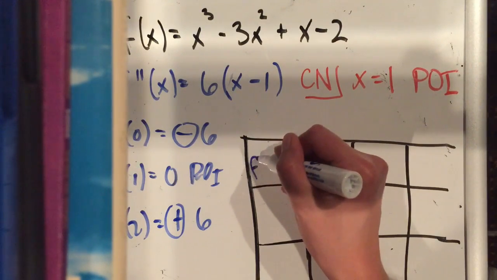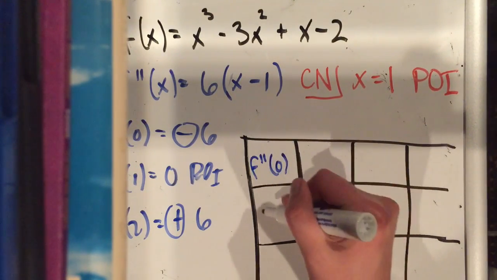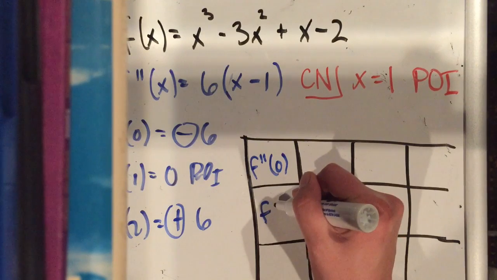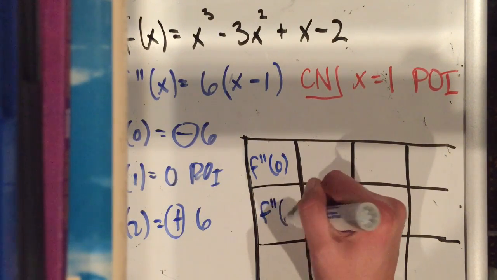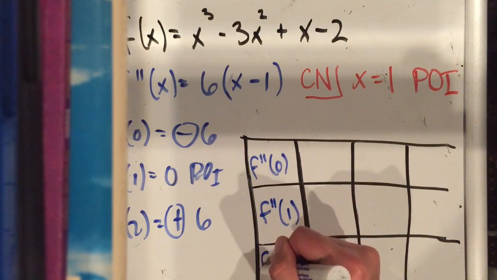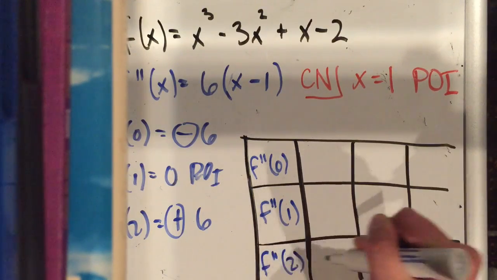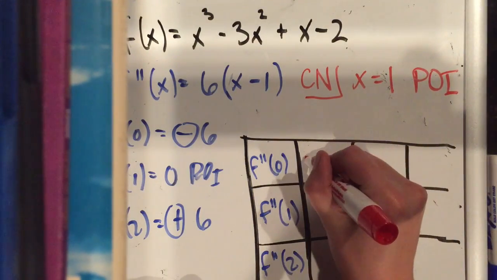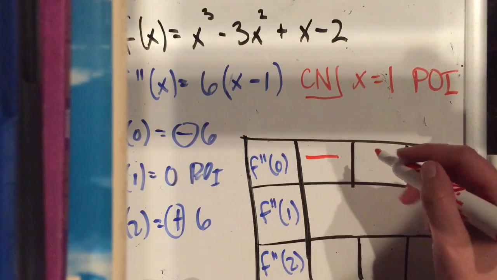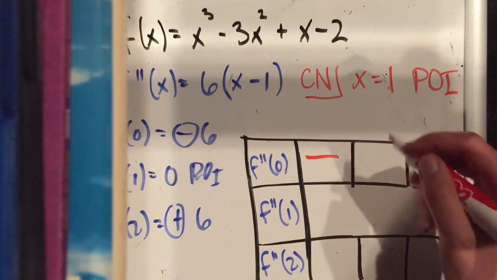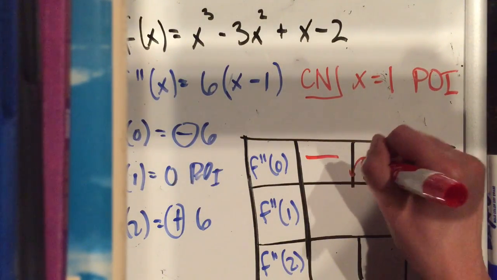And if we insert this in our graph, we can now see that we get a negative number when we plug in 0, so that means that it's concave down.